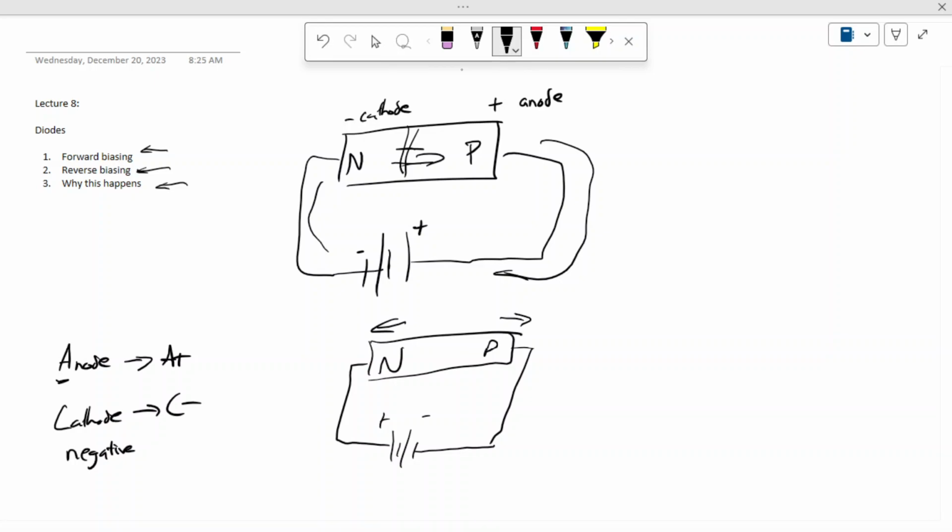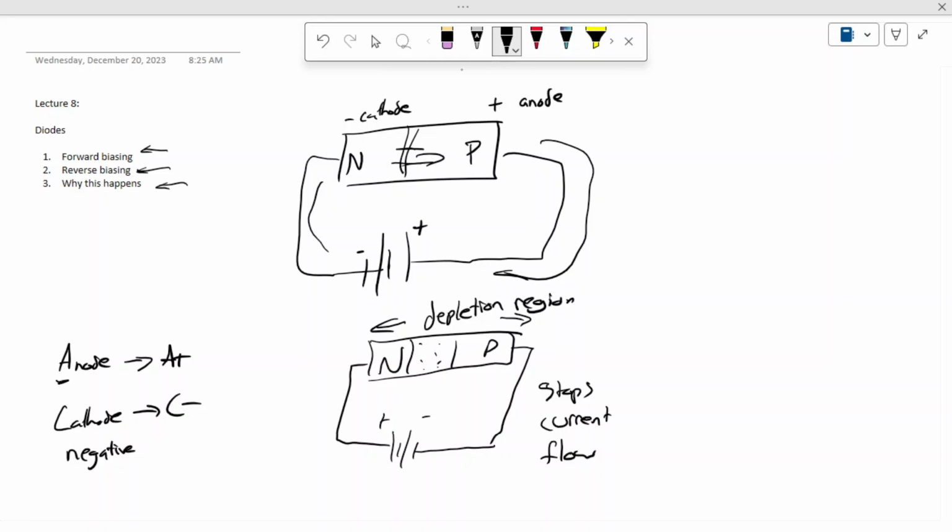And what that does is it causes the depletion region to expand. And this stops current flow, which is a very interesting thing, and we're going to play around with this a lot more.